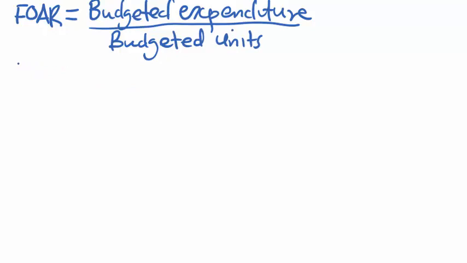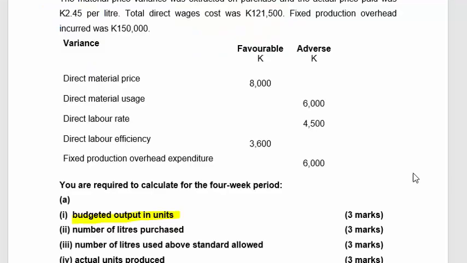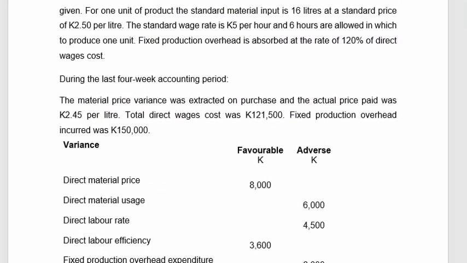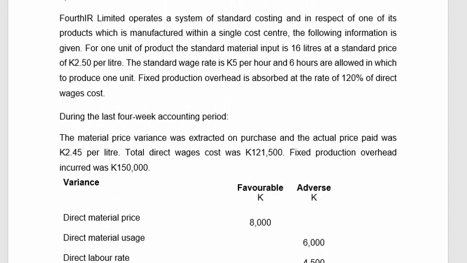And then from the question we can tell that the fixed overhead absorption rate, given the information above here, is calculated with reference to the direct wage cost. Now the direct wage cost is calculated with reference to that information.